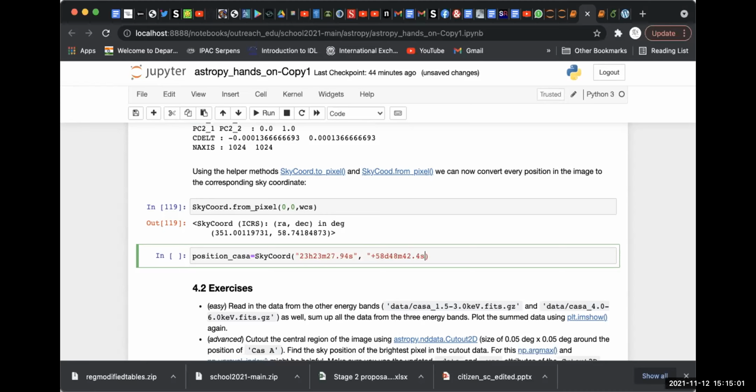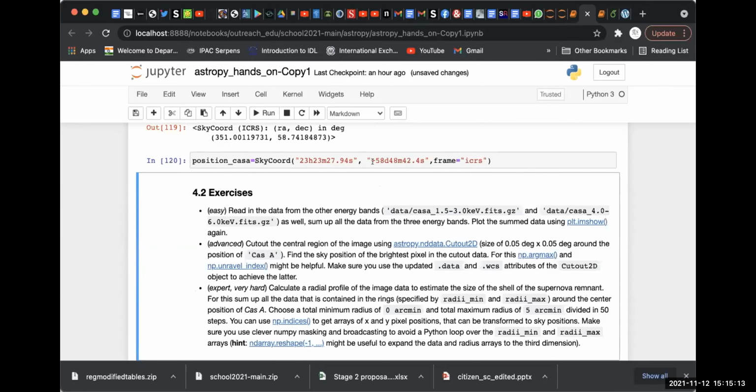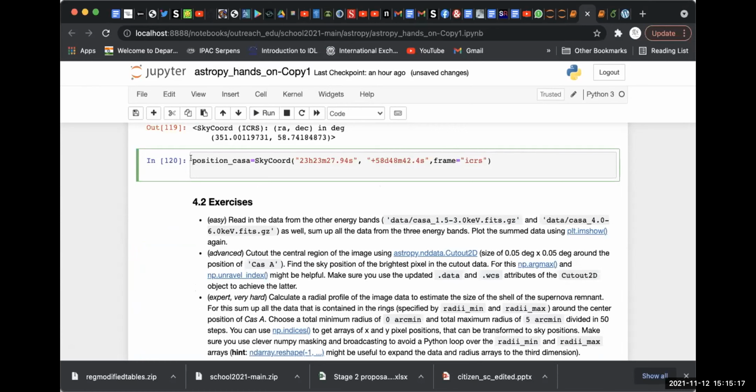Actually, I should just convert these in the ICRS frame, right? And we can get this over here, right? So then now I can again have a look at what is my position of Cas A.